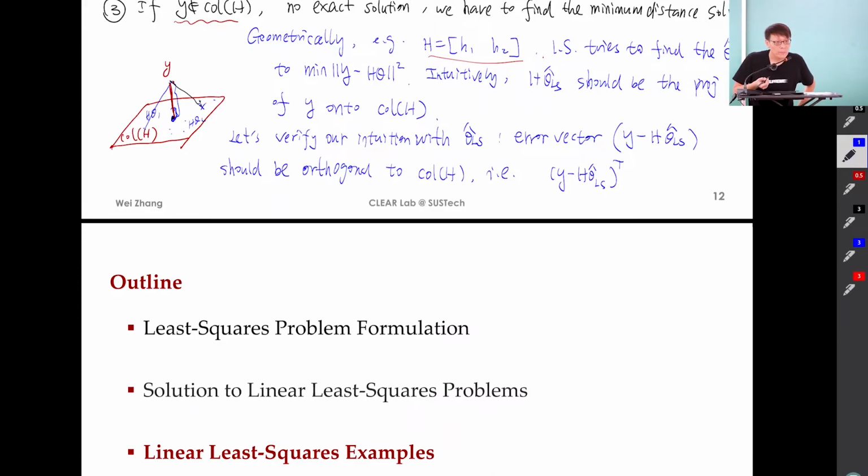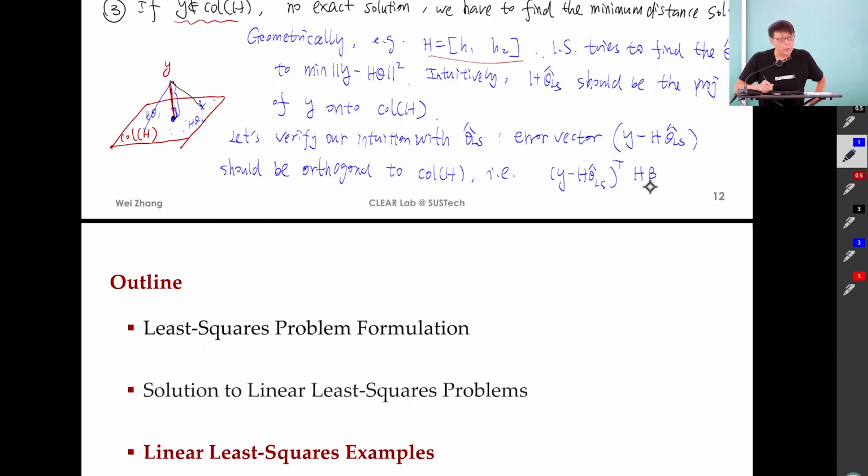Any, not one. Okay? How do you represent an arbitrary point on the column space of H? So H times an arbitrary thing, right? Let's say beta. Well, I can use theta as well, but I just want to not.